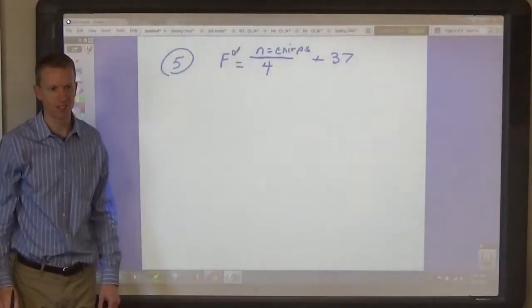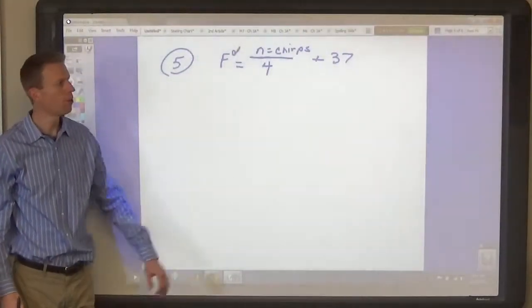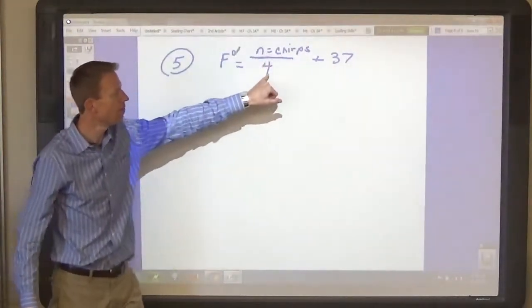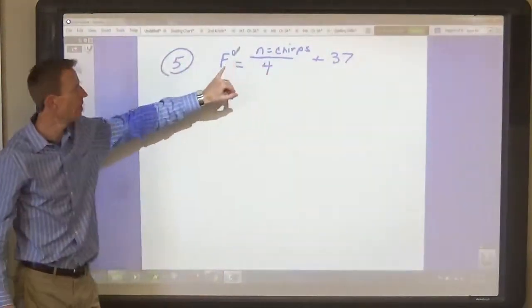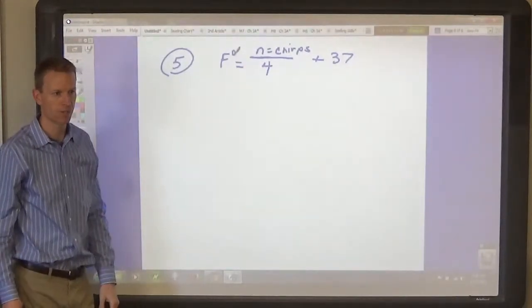That's this formula. Okay? The number of chirps in 1 minute divided by 4 plus 37 will equal the Fahrenheit temperature. Oh my gosh, it's so cool.